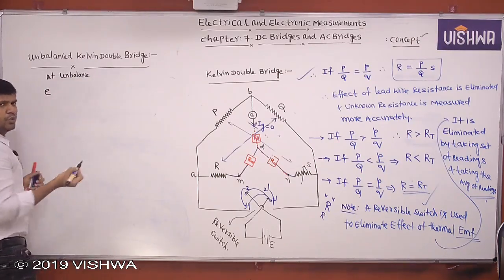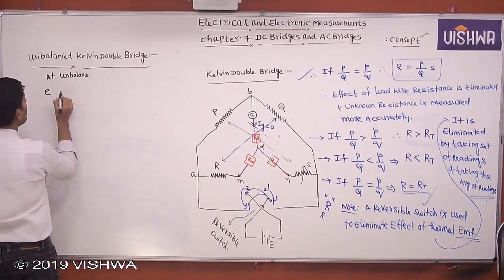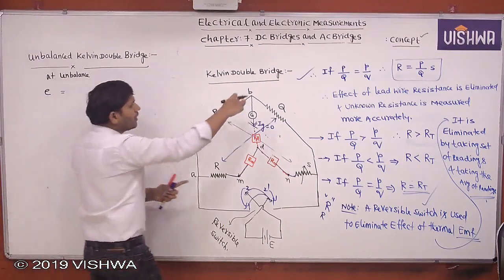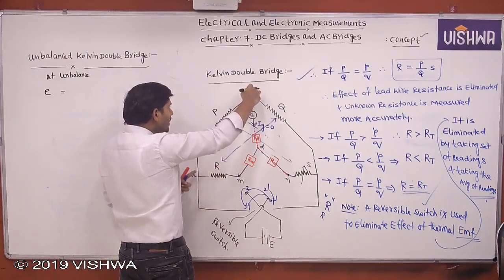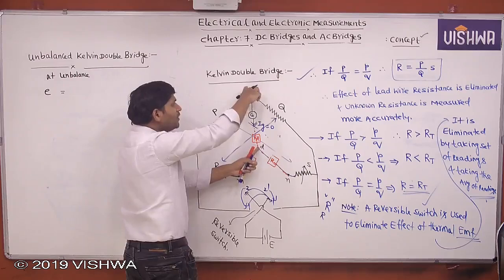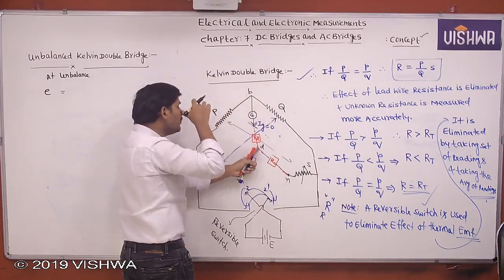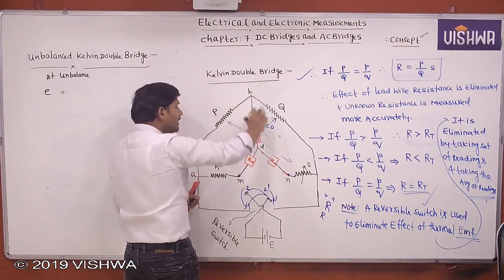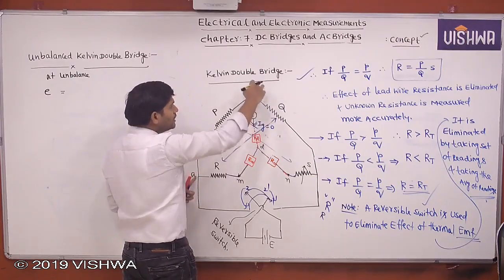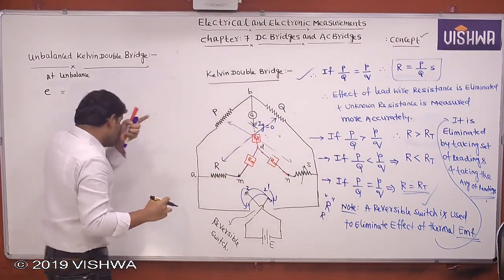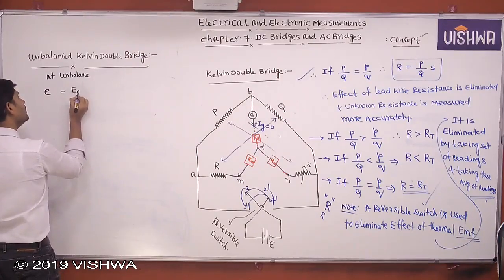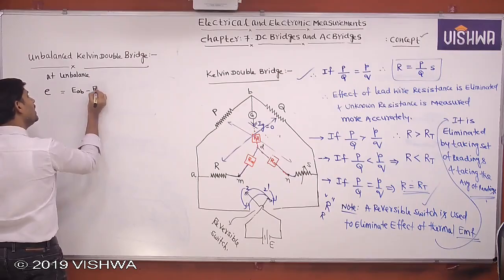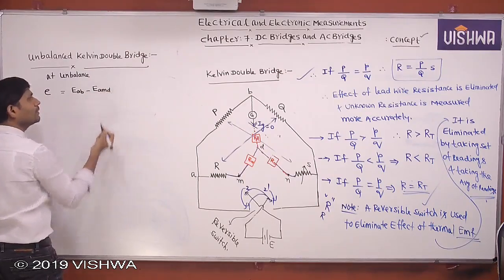Small e equals the voltage difference between B and D, that is, this voltage minus this voltage. That is EAB minus EAMD. Is that correct?